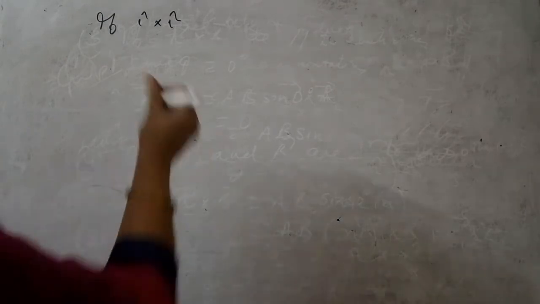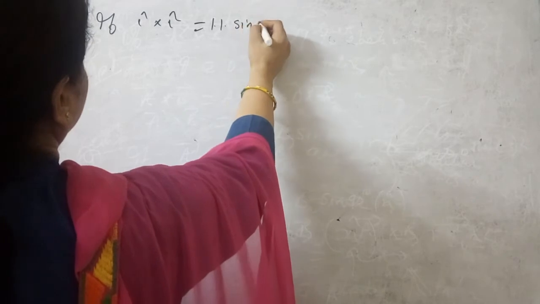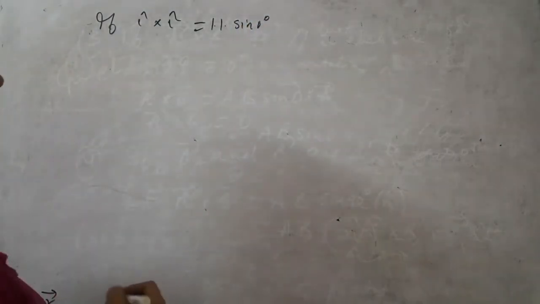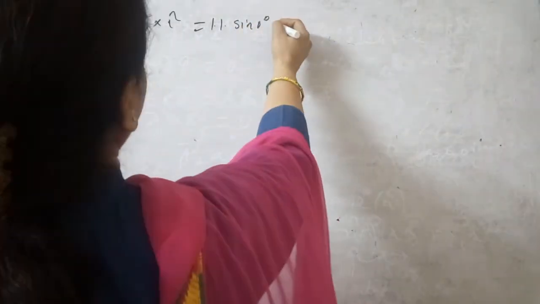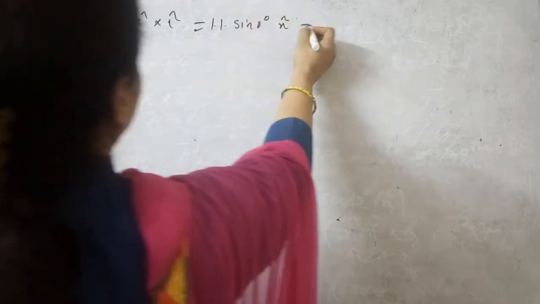In this case, I caret cross I caret simply means theta is equal to 0 degree. So it is 1 into 1 sin 0 degree with a unit vector. Sin 0 degree is 0, so this is 0.